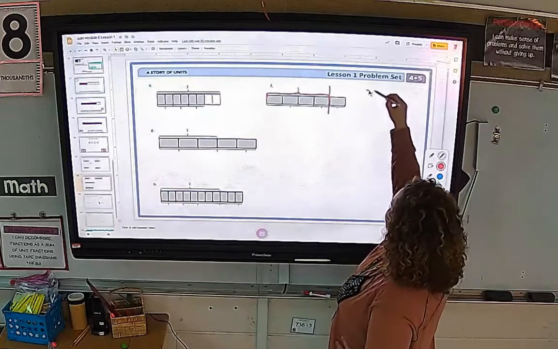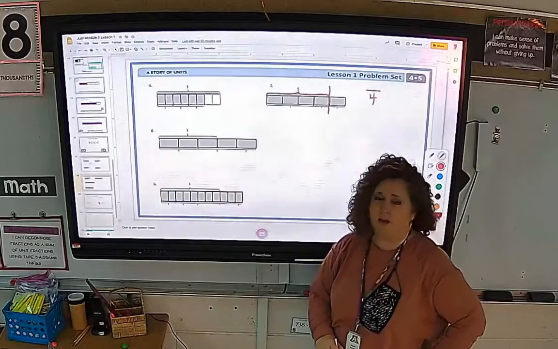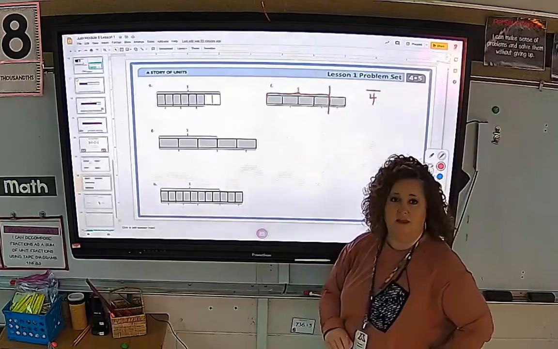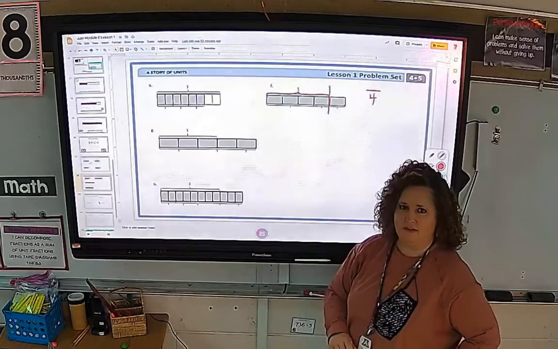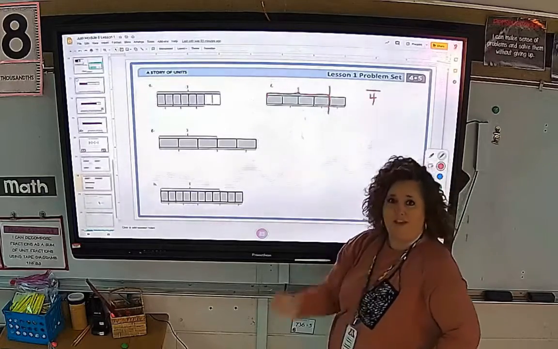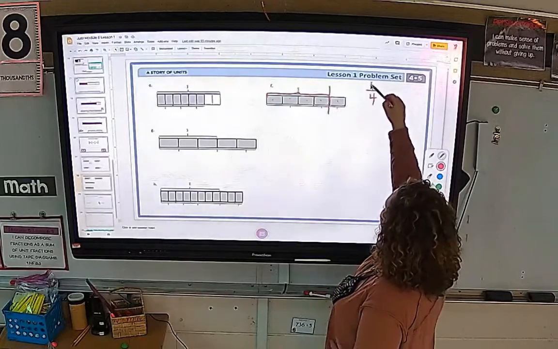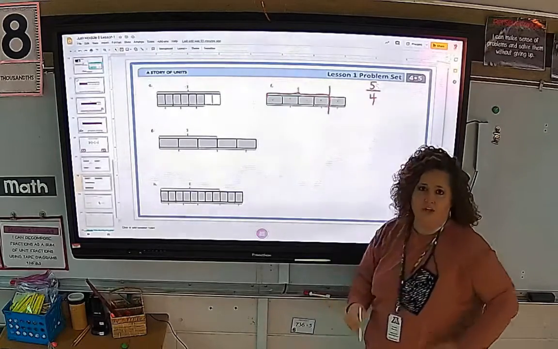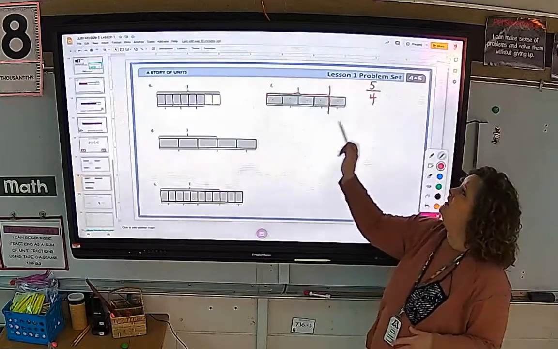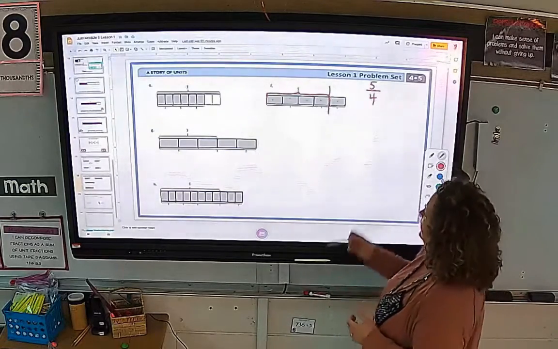So I know that my fraction is going to have 4 as a denominator, not 5, 4. Now, does it have an extra piece? Yes, but that does not make these fifths. These are fourths because 4 pieces is in the one whole. How many pieces do I have shaded? I have 1, 2, 3, 4, 5. That goes on top. This fraction is larger than 1. You can see that by looking at the tape diagram, but you can also see that in our fraction now that we've written it. Okay.